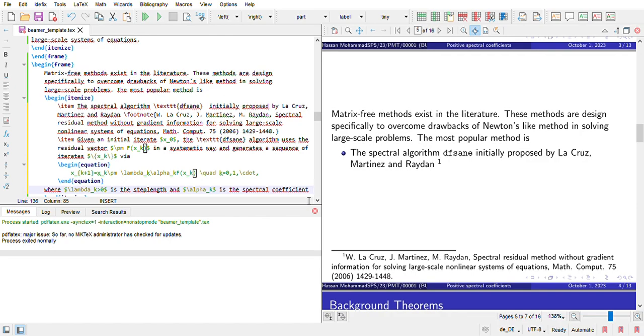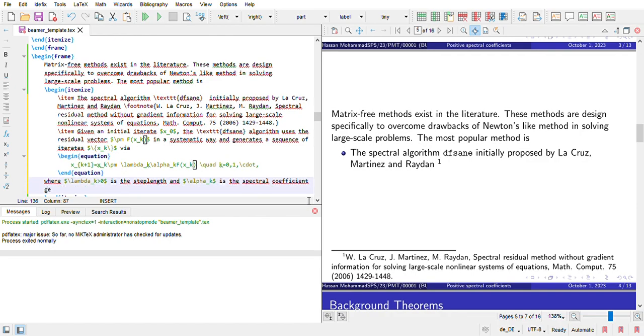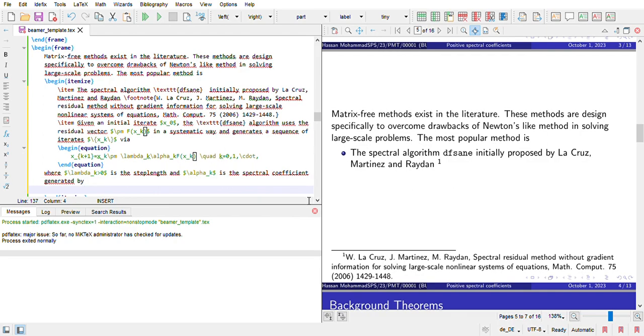The spectral coefficient is generated by, then the way this spectral coefficient is generated is in the case of an equation and then cases.